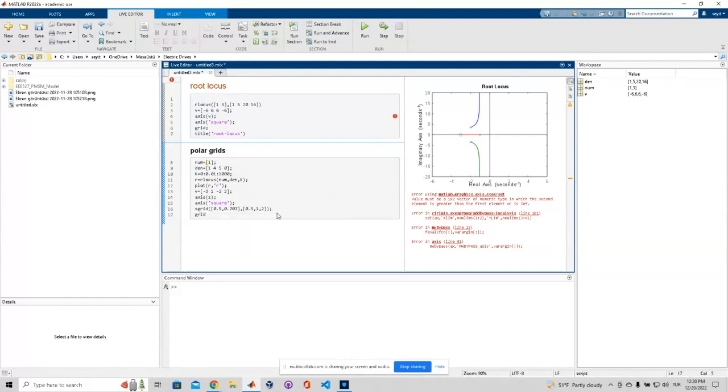And you add your grid. You can add titles here again. Inside title, we can write root locus polar grid.